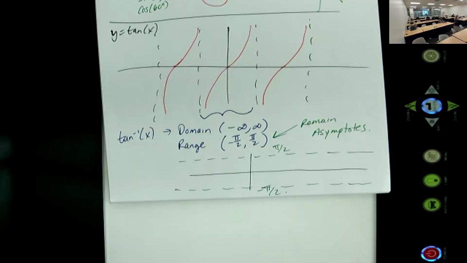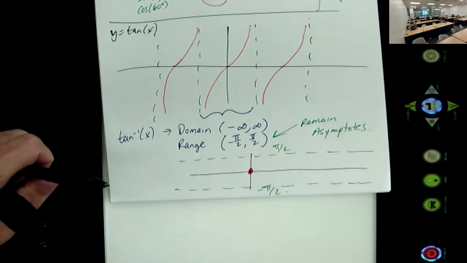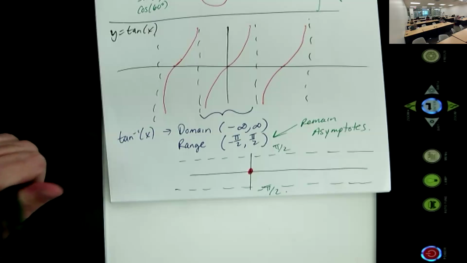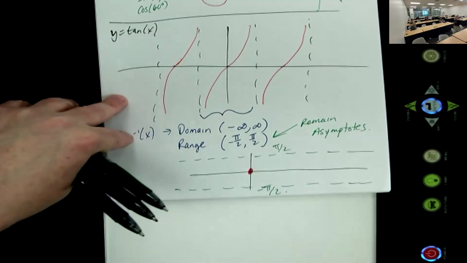I think 0, 0 is easy to see on the graph. And this graph shows asymptotic behavior, which means it approaches the asymptote.